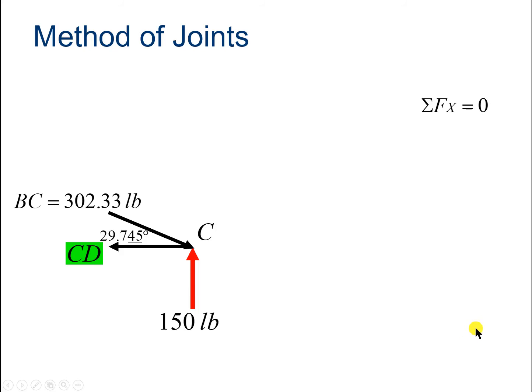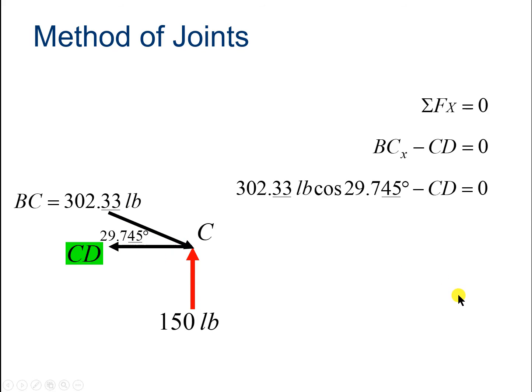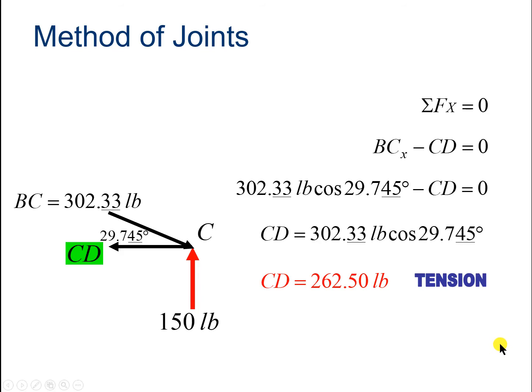And so this would be a summation of the force in the x direction. BCX, so the x component of this force here, plus, minus CD, because they're going in the opposite direction, equals 0. And again, you can do it on your paper, but you're going to get 262.5 for the force on CD, and that is in tension since it's positive.